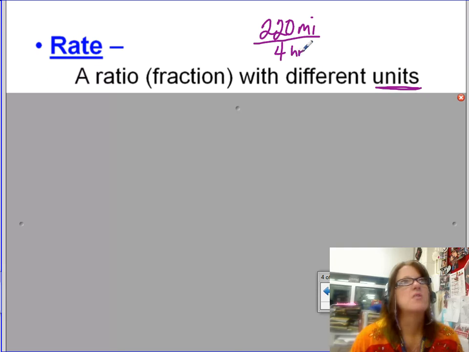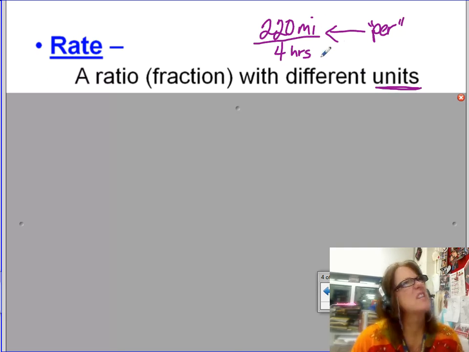So it took me 220 miles in 4 hours. I'm comparing two numbers, 220 and 4, but they have different units, miles and hours. Oftentimes when we read these, the fraction bar is when we say the word per. 220 miles per 4 hours or in 4 hours.